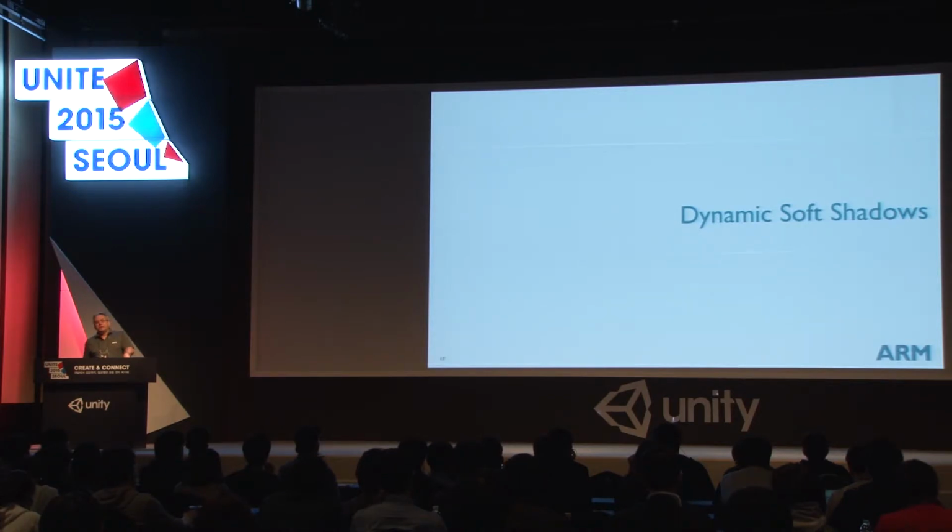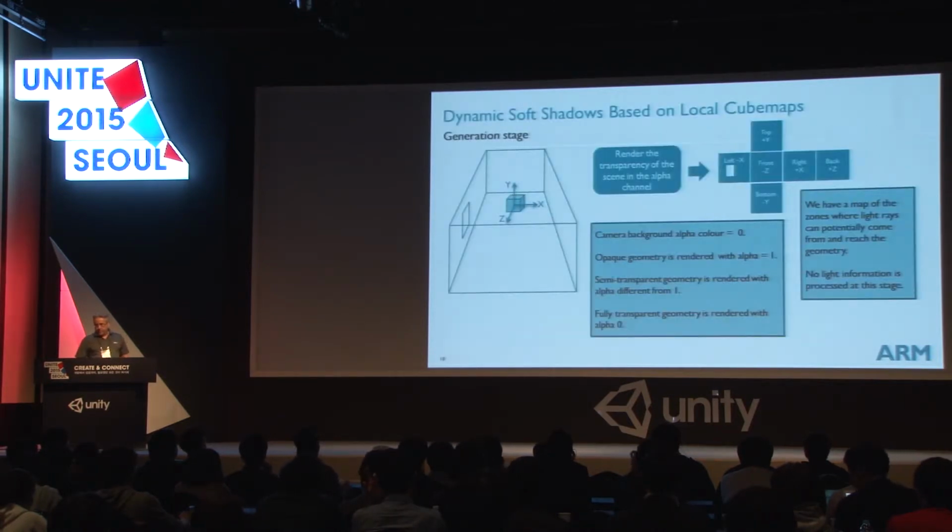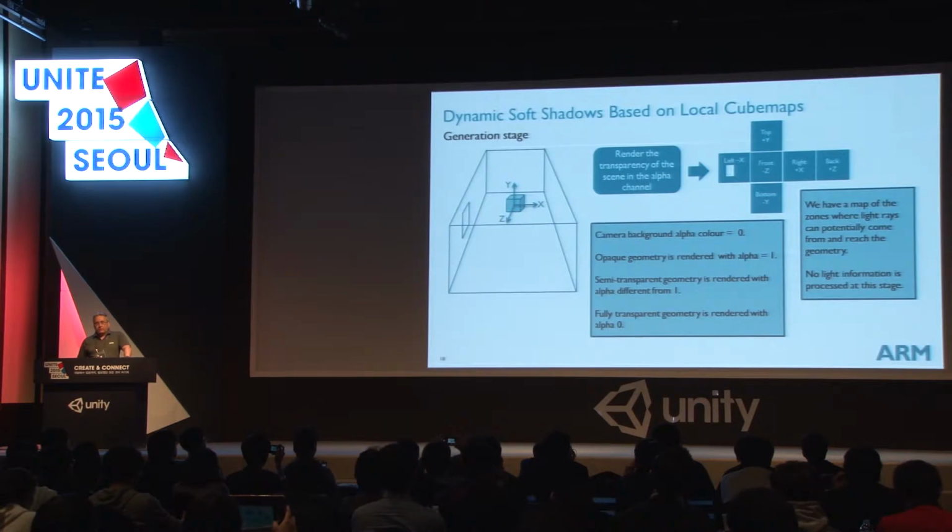This is a completely new technique we have developed at the demo team Arm, and we call it dynamic soft shadows based on local cube maps. I will explain in the talk the main points of this technique in such a way that you will be able to implement it in your shaders. And I will explain why we say that the shadows we get using this new technique are dynamic and they are soft.